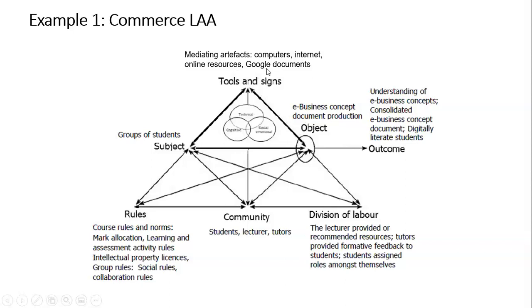Immediately you say they must work on a Google document collaboratively, you have thought about the tool, and it must meet the requirements of the activity. So they are using computers, the internet, online resources that they find, and they are engaging in the collaborative document.